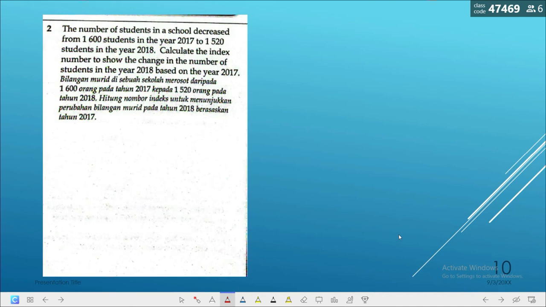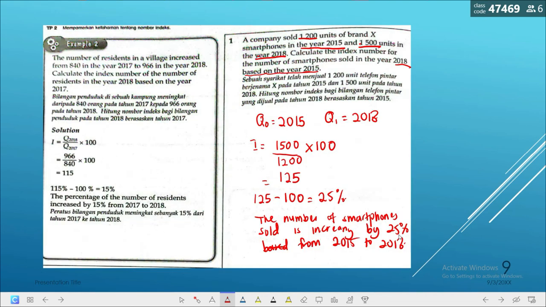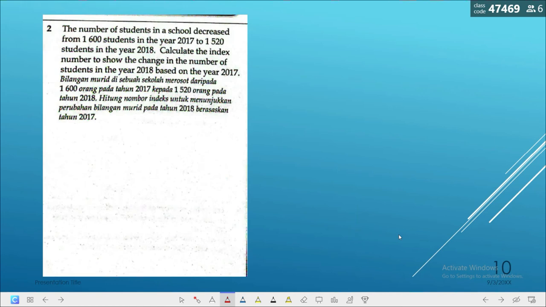All right, so we move on to the second one. It says here the number of students in a school decreased from 1,600 students in the year 2017 to 1,520 in 2018.